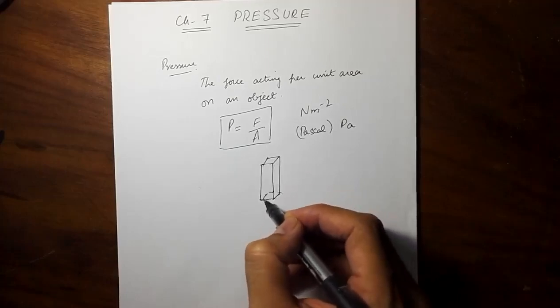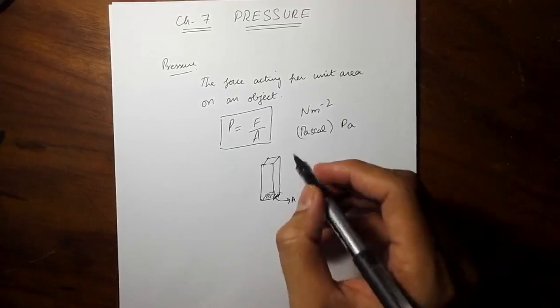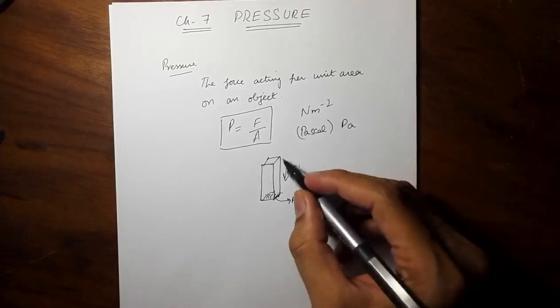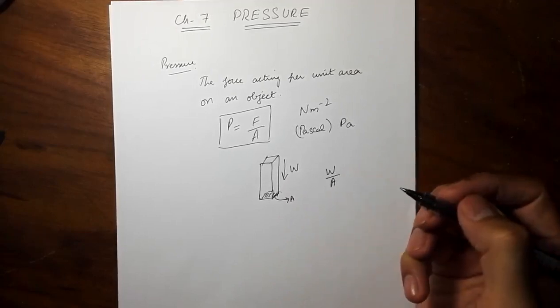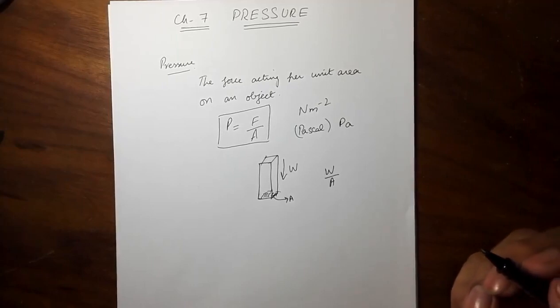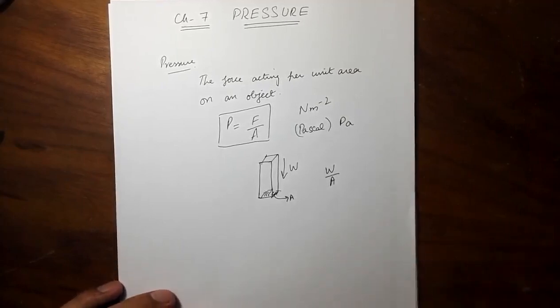This is the area A of the block, and the weight of the block is basically the force. So its pressure on the ground will be weight over area, or force per unit area.